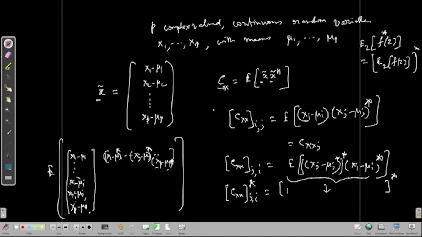So it is like expected value of z1 with the inner star, z2 this much, then star is the same as expected value of these two, then outside star. Okay, so xi minus mu i star goes out of it, and here xj minus mu j, there is a star.